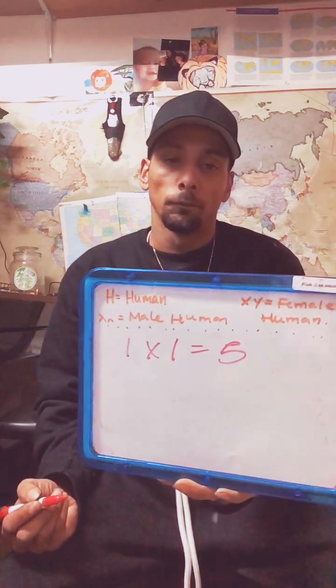We could say 1 times 1 equals 5. Take a guess. Human times human equals 5 humans, or X times X Y equals.